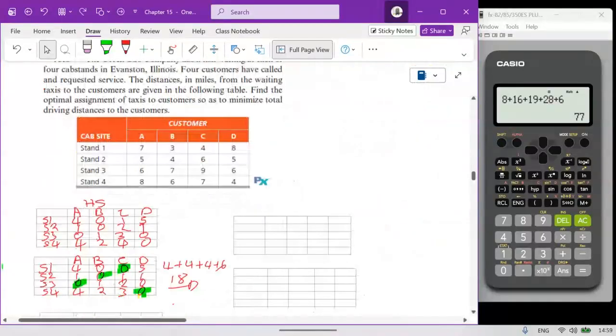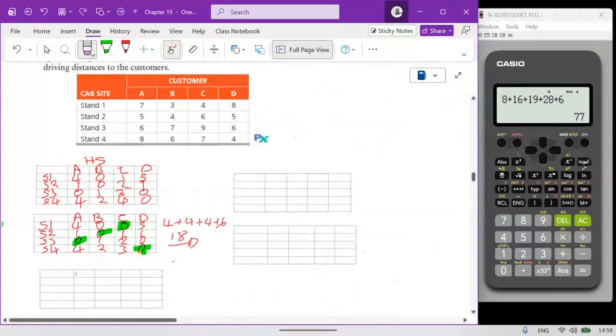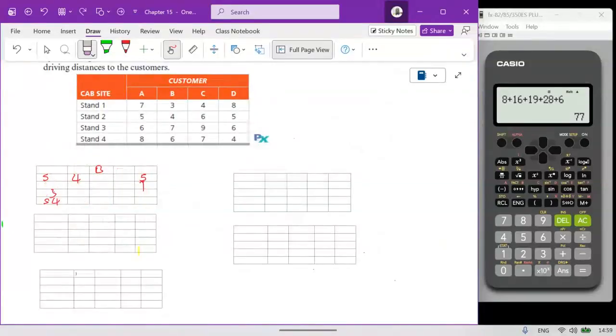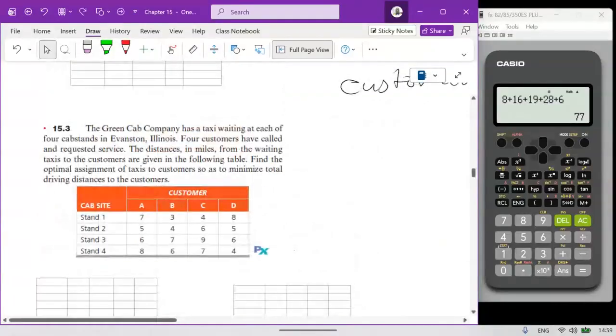Now we have book examples. The Green Cap company has a taxi waiting at each of 4 cab stands in Evanston, Illinois. 4 customers have called and requested service.